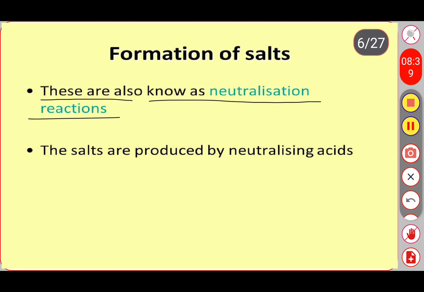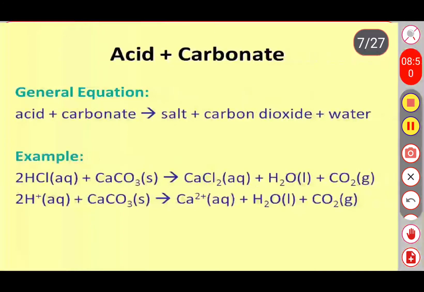The salts are produced by neutralizing acids. First one, acids and carbonates. When acids and carbonates are combined together, they form a salt, carbon dioxide and water. These things were already discussed in the first session in the acids section, right? So see the general form.